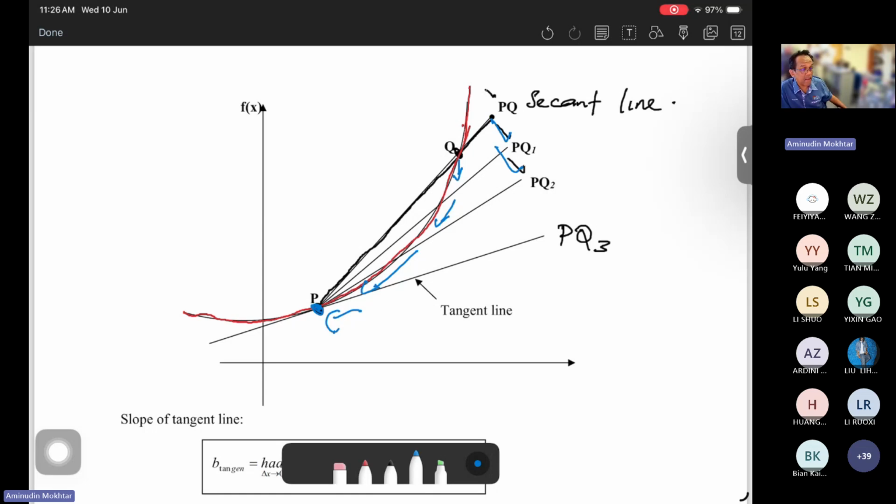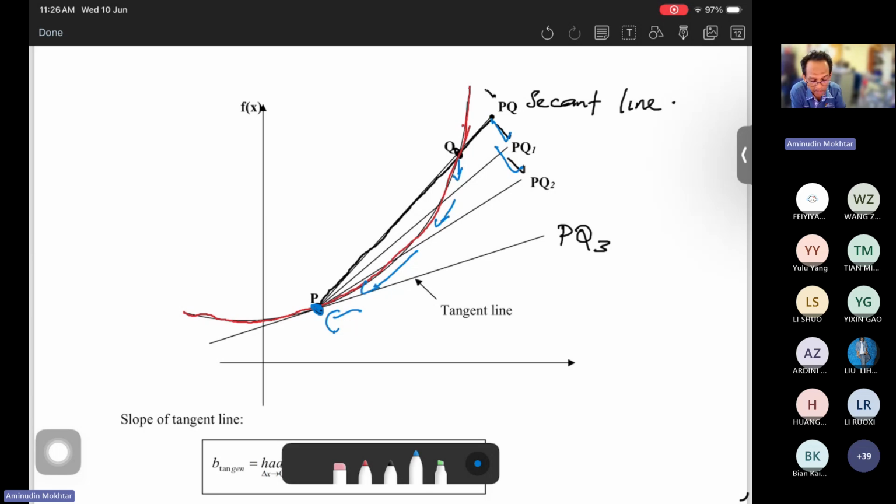PQ3 just touches, or is tangent to, the curve at point P. That's why PQ3 is known as a tangent line, not a secant line, because it only touches the curve at point P.